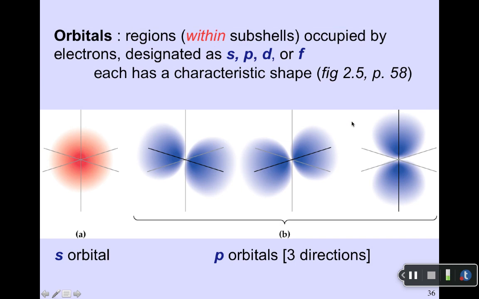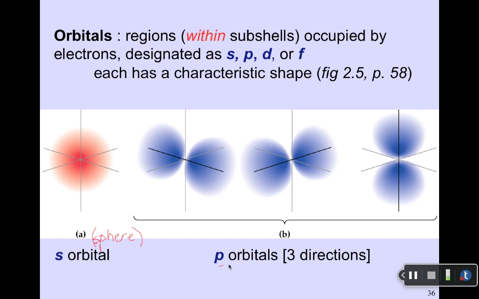They're found in regions that we call orbitals, regions that are within the subshells of the electron configuration. There are two shapes of orbitals. There's either an s orbital, which you can think of as being like a sphere, and the p orbital, which is kind of an odd shape, sort of like a pinched balloon. It depends on which picture you look at.